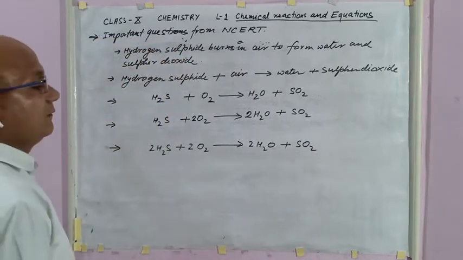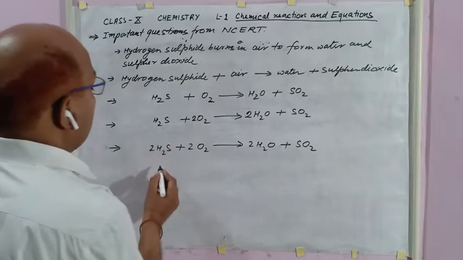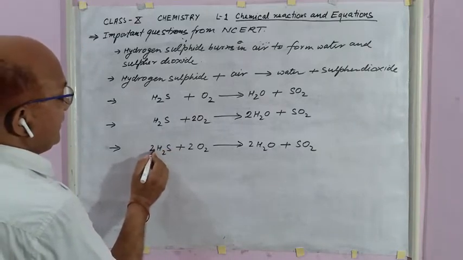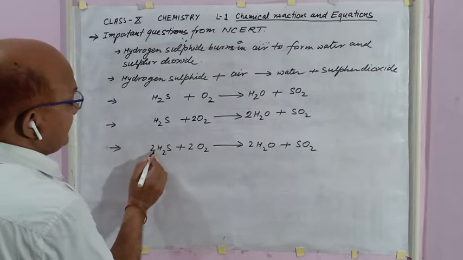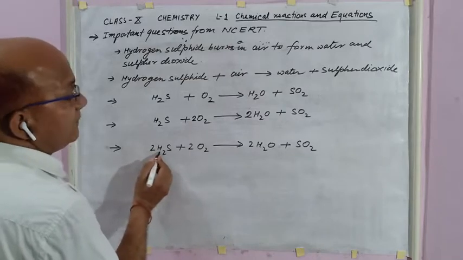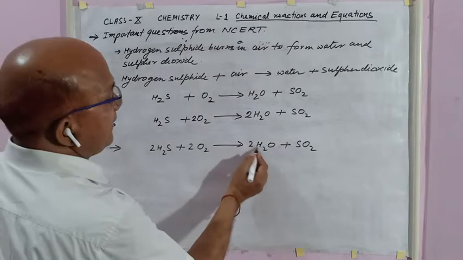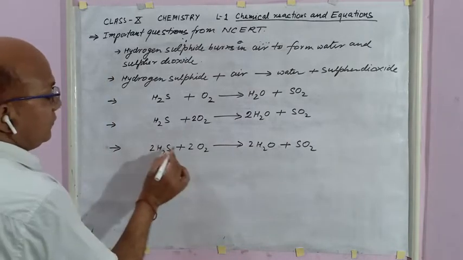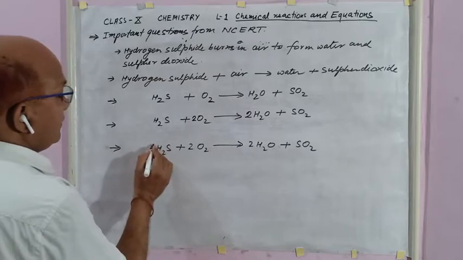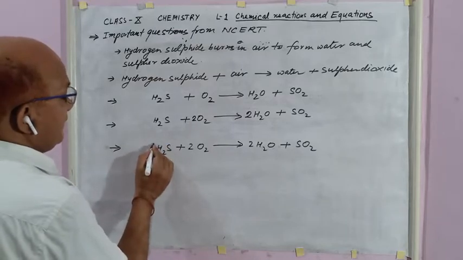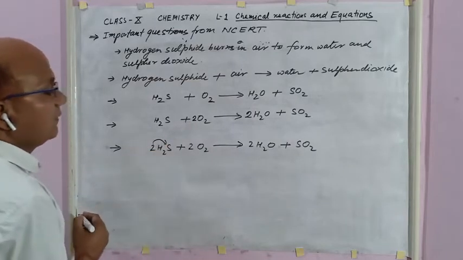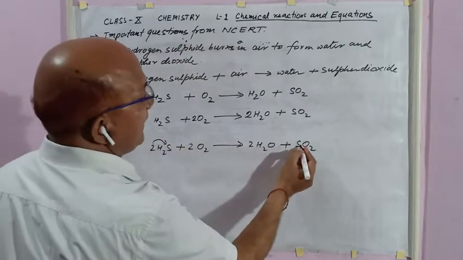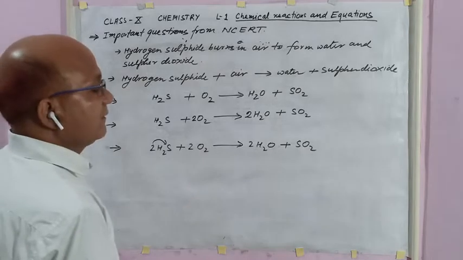Now we will see here, when we multiply, on the left side there are 4 hydrogen atoms, on the right side there are 4 hydrogen atoms. But sulfur becomes 2 sulfur atoms on the left side, while on the right side there is only 1 sulfur.